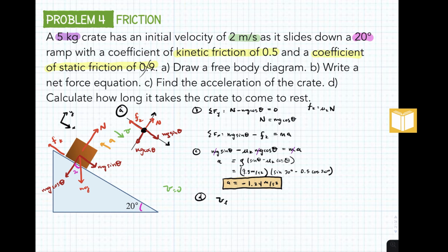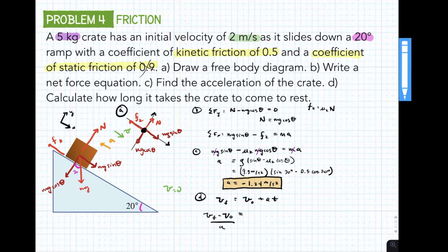So we probably want to use this equation. If we solve for time, V final minus V initial divided by a is equal to time.